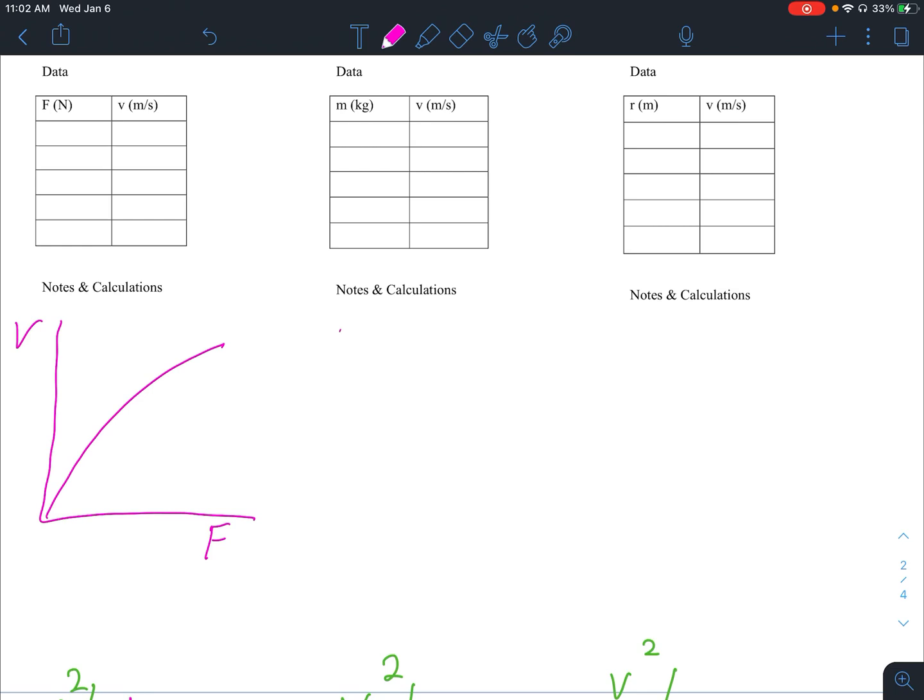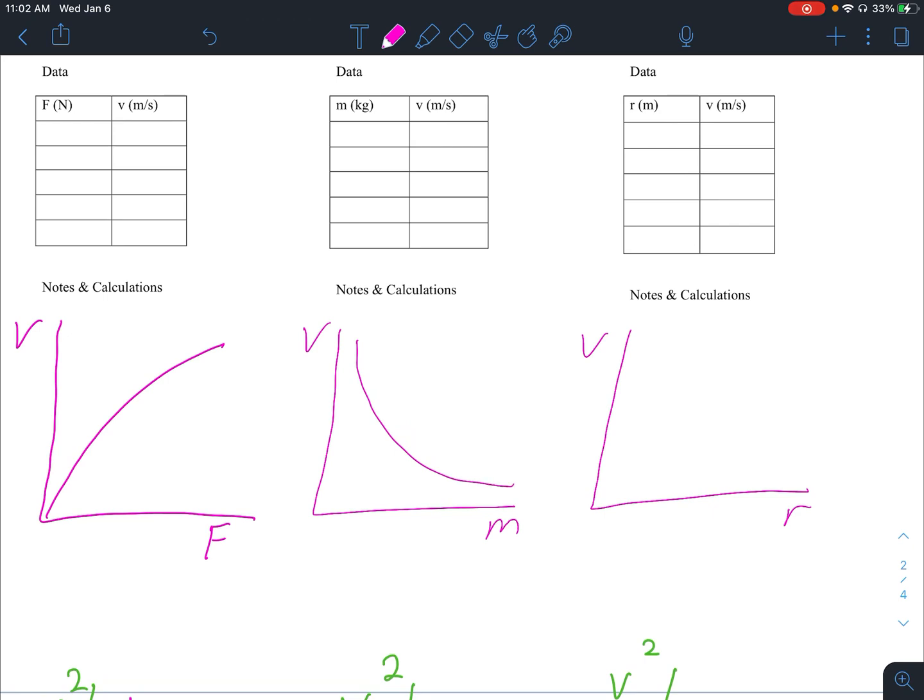So we're doing velocity and mass, velocity and radius. This one should look kind of like this, as a curve. And again, sometimes you need to squint your eyes a little bit on your graphs to see if it is a curve.